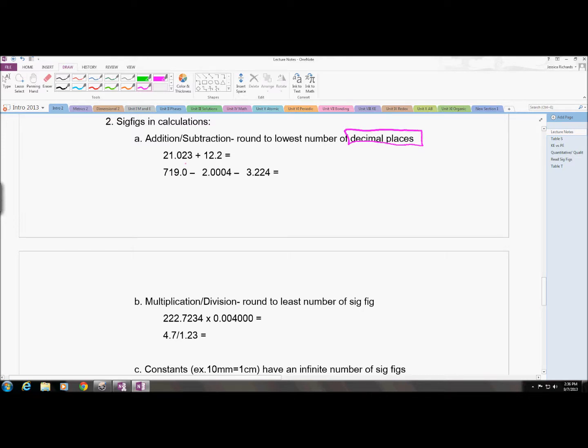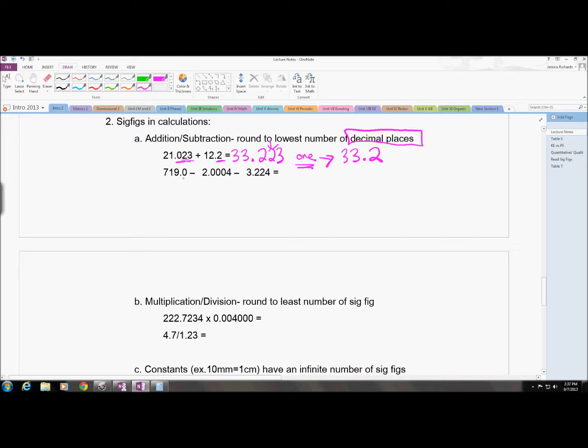So this should be pretty simple and straightforward. 21.023, 3 decimal places. 12.2, 1 decimal place. My answer can only have 1 decimal place, so I'm going to have to round that off. 33.2. Remember your rounding rules. If the number after it is less than 5, you leave the number alone. If it's 5 or greater, you're going to round this number up.